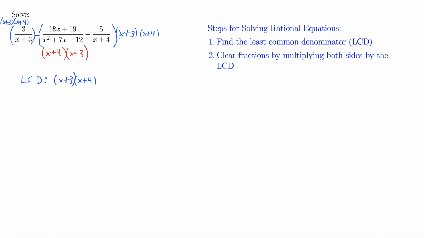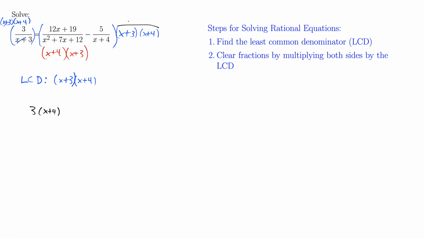Notice that when we multiply this first term by x plus 3 times x plus 4, the x plus 3's cancel. That leaves us with 3 times the quantity x plus 4. It's important to leave those parentheses around those numbers so that the 3 multiplies through the entire quantity there.